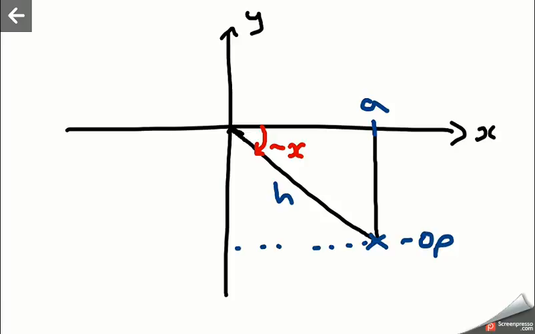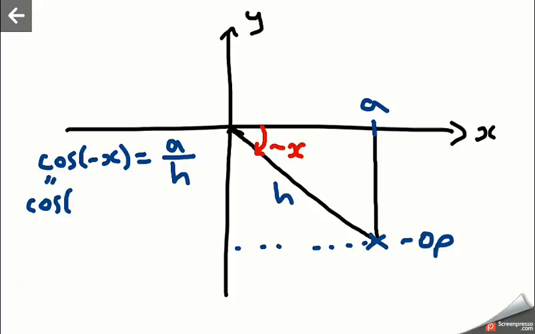Alrighty then, so now cosine of negative x, I'll write it down here, cosine of negative x is actually equal to a divided by h. Well, that's the same as cosine of regular x. If you go back to the first one, cosine of regular x was always going to be a divided by h.